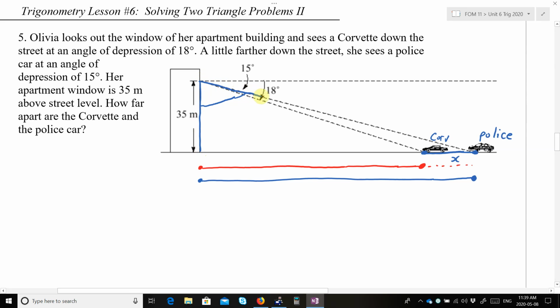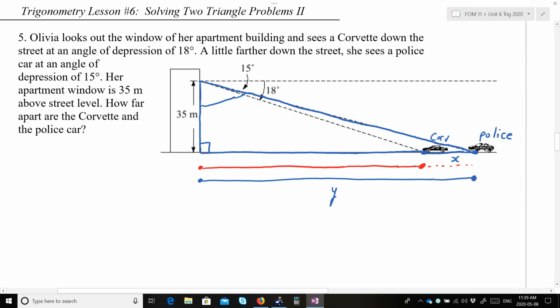We're going to figure out that whole big length, which corresponds to this blue line down here. We can call that Y, what we're trying to find. So we've got 35 meters in that triangle.